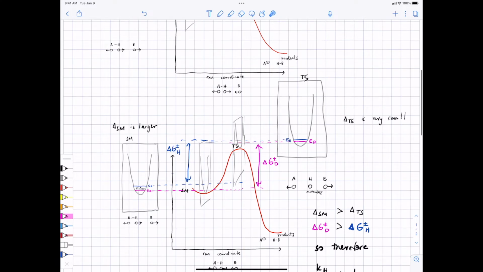If it's changed a lot, you'll see a large kinetic isotope effect because the vibrations involving that hydrogen in the transition state are so different than in the starting material. All right, so that's the origin of the kinetic isotope effect. Any questions you want to ask?